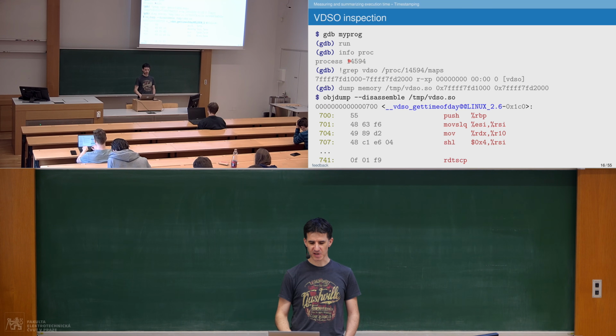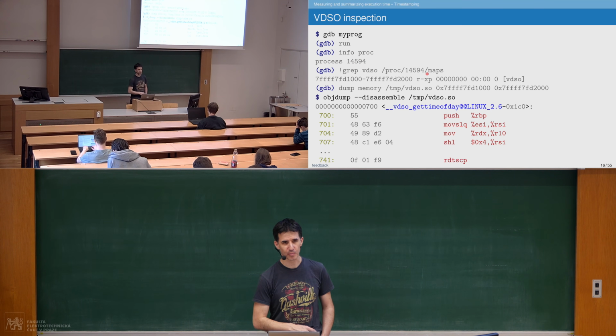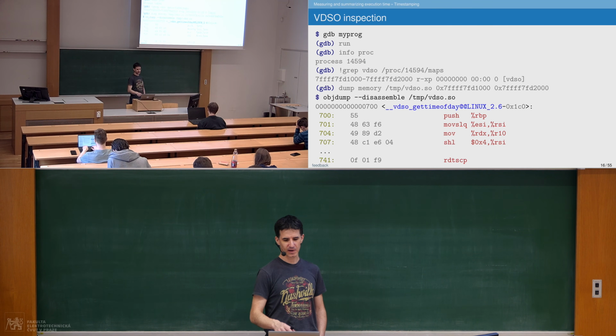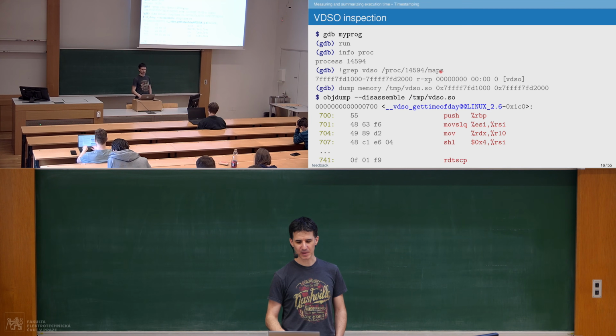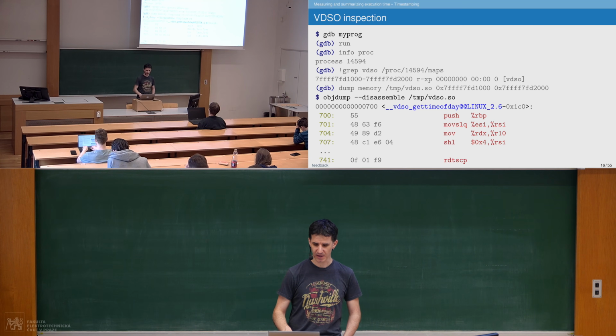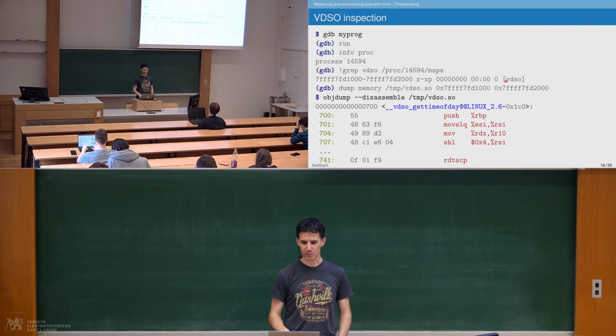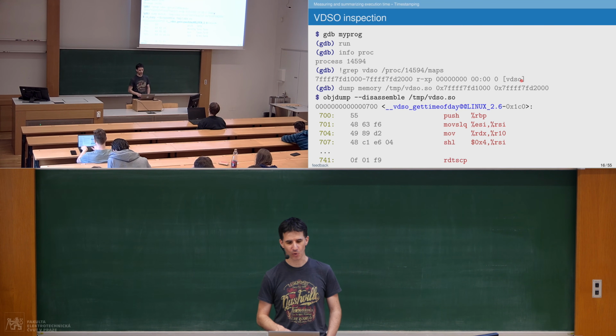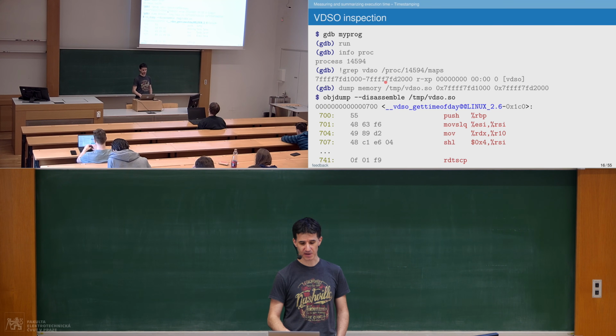If you know the process number, you can look into the proc file system. In the proc file system, you can see the memory mapping of your process, and in that memory mapping, you can see at which address this VDSO is mapped. So you can find this memory range. This is where this virtual shared library is located.